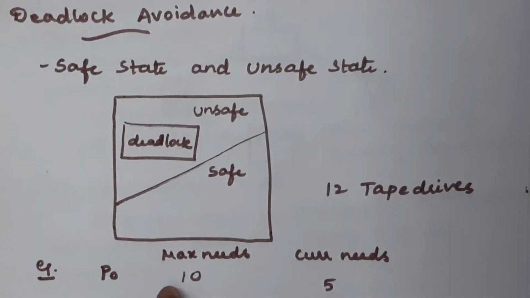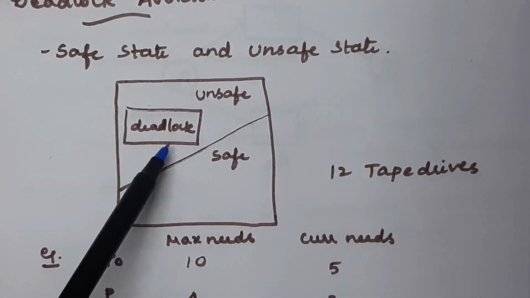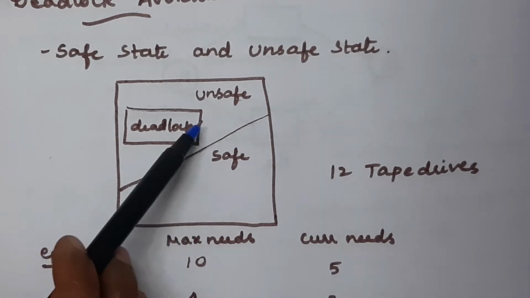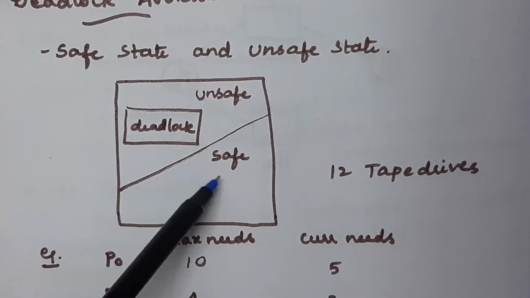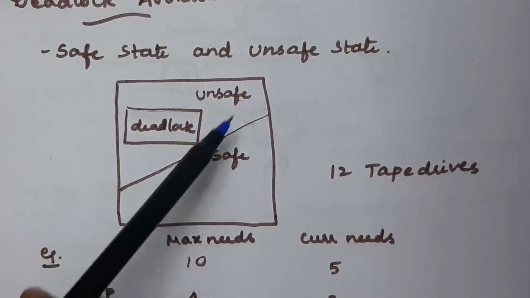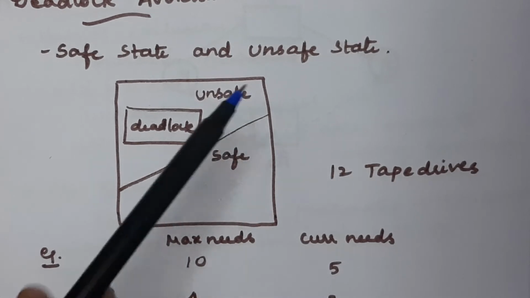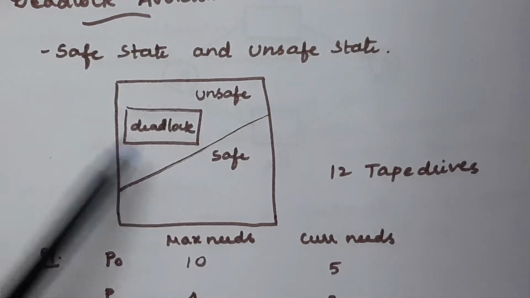This diagram explains how the system exists in a safe state and an unsafe state. In a safe state we never get deadlock, but deadlock will occur only in an unsafe state. If the system is in an unsafe state, then it may lead to deadlock, but in a safe state the deadlock will not occur.